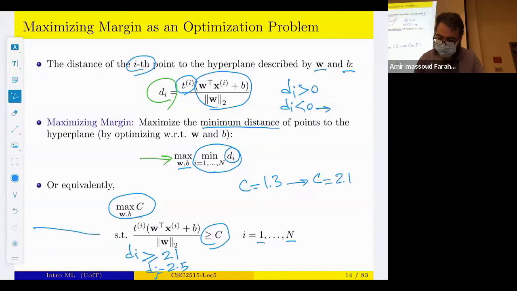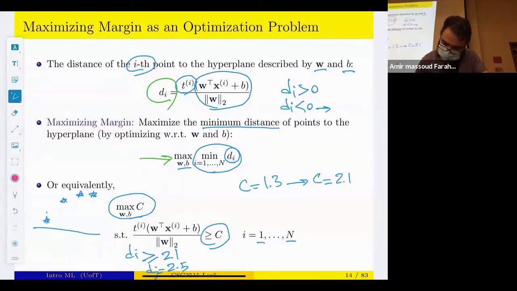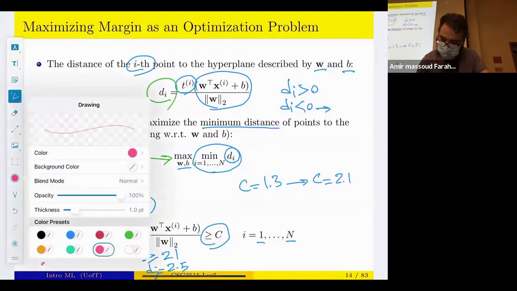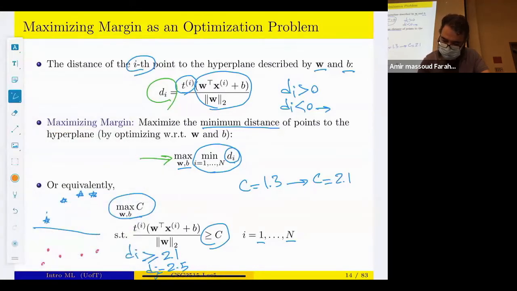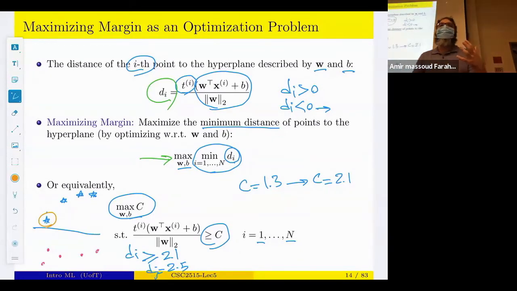So for example, the other labels would be different. There is one particular point here, this one, that is too close to the margin.